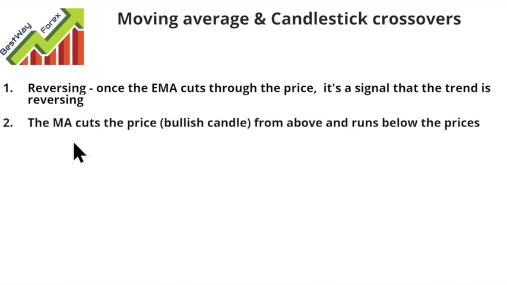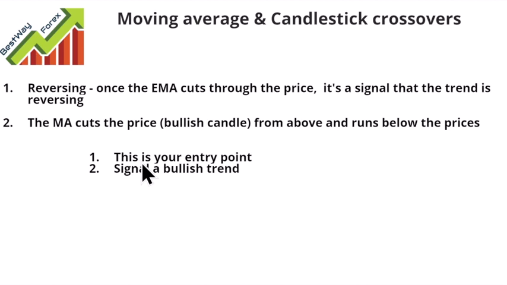If the MA cuts the price on a bullish candle, a green candle, from above and runs below the price, that is basically a bullish signal. When it goes below this gap, that will be your entry point, a bullish signal.